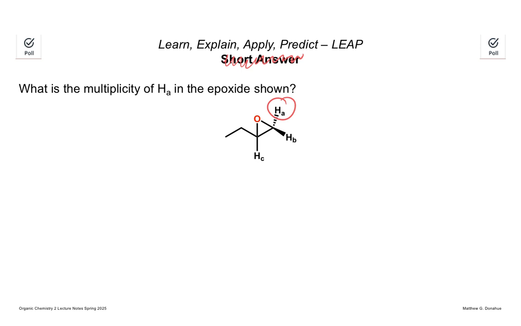It's close. So the question is really getting at, you see this carbon, you would say to a first approximation it has two hydrogens. But they're labeled A and B for a reason, because HA has a different relationship to HC than HB does to HC.